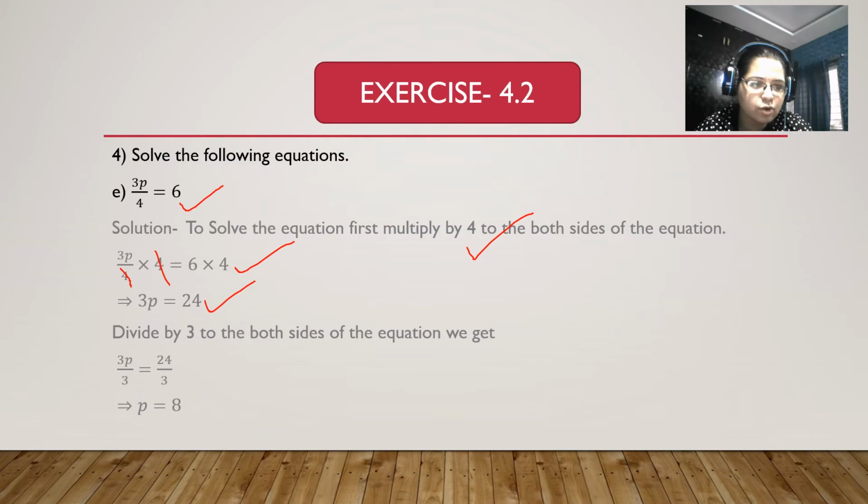As 3 is multiplied with p, we divide both sides by 3. 3p divided by 3 equal to 24 divided by 3. 3 and 3 cancel, then we get p equal to 24 divided by 3 is 8. So the value of this variable p is 8, and the solution of this equation is p equal to 8.